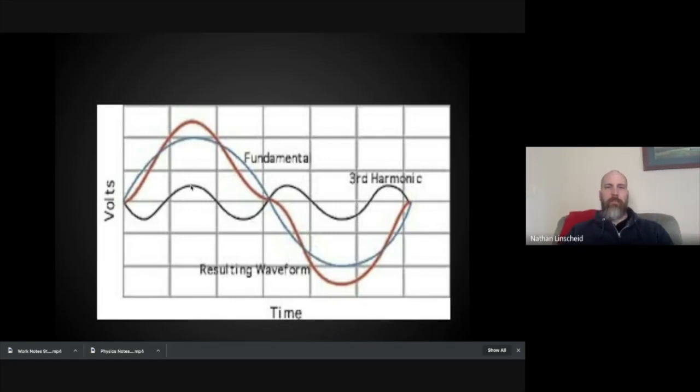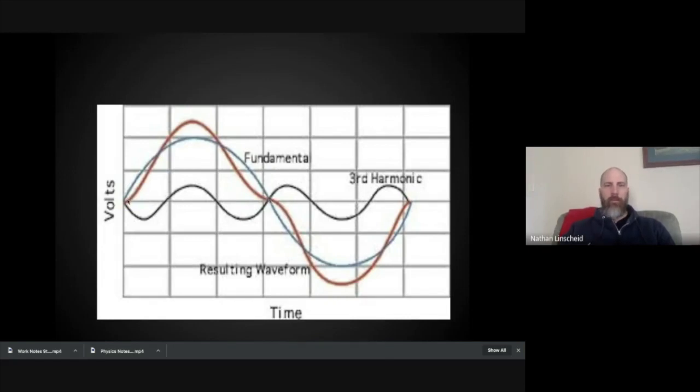Now, if those 2 tones are played at the same time, it won't be 2 different sounds. They're going to mix into one sound, and that's represented by the red line. So you can see here that this crest and this crest add together to give the wave the amplitude up here at the red. And you can see right here, there's no amplitude on either the third harmonic or the fundamental, and therefore the red wave also has a value of 0 at that point.